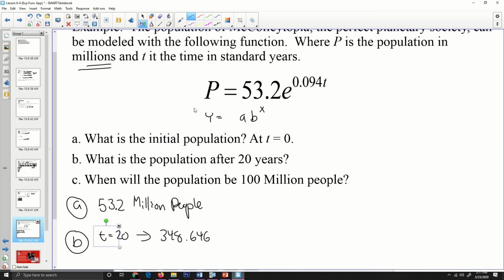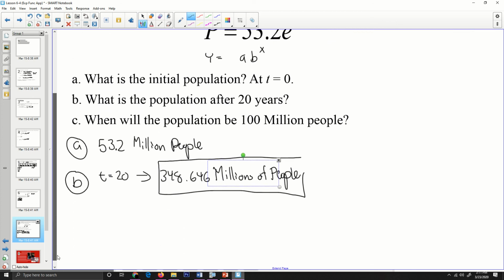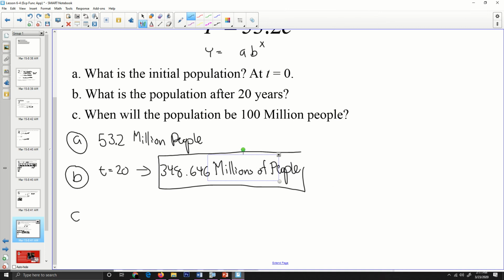And again, P is in millions of people, so we'll have to do that again. Which is a huge expansion of people. You go from only 53 million people to 348 million people. They're either really resilient or they're having lots of babies.